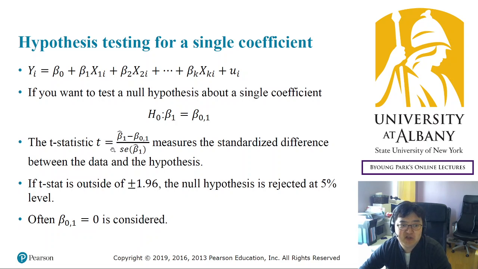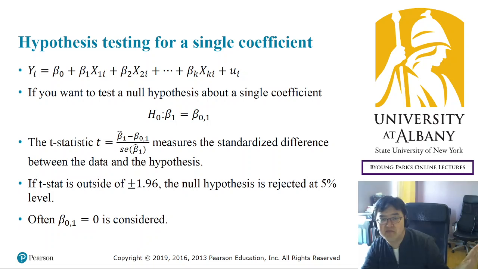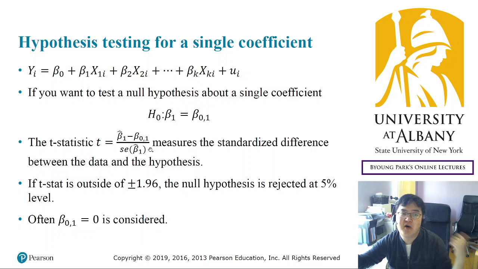Our decision about the hypothesis is made based on this rule. If the t-statistic is too large, meaning it is outside of plus or minus 1.96, so it could be greater than plus 1.96 or smaller than minus 1.96, then either way the estimate is too large or too small relative to the hypothesis.